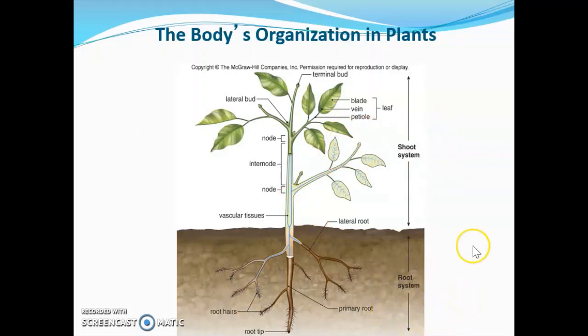The shoot system consists of stems, leaves, and the reproductive parts of the plant, which usually refers to the flower and fruits. The shoot system generally grows above the ground where it absorbs the light needed for photosynthesis.